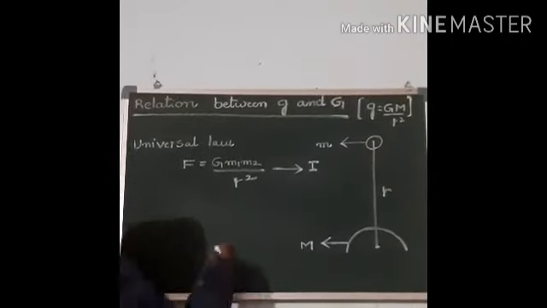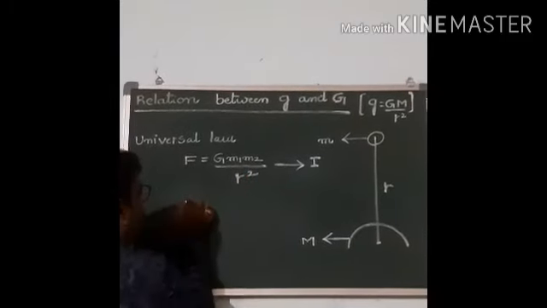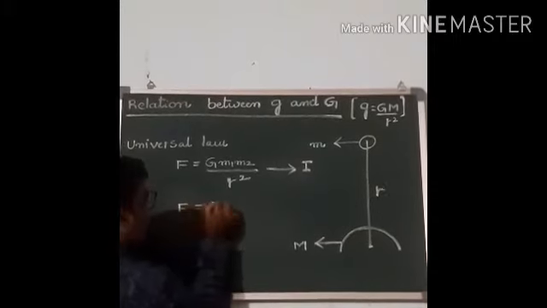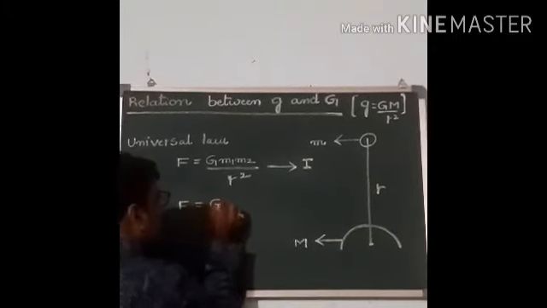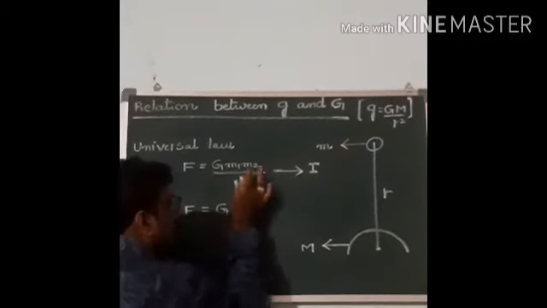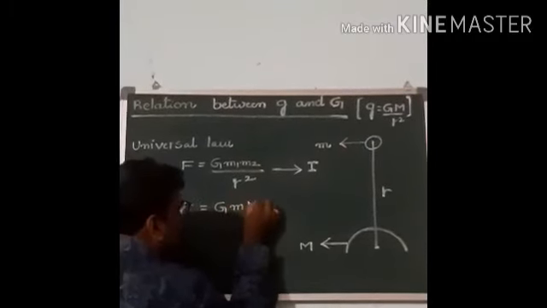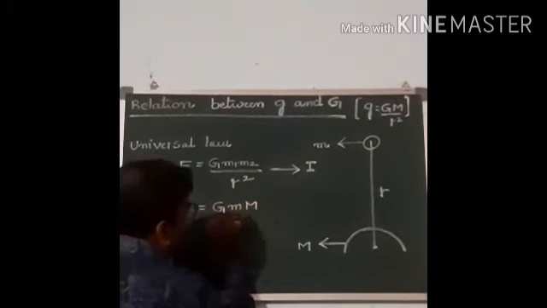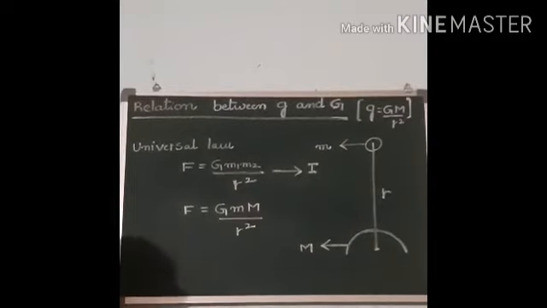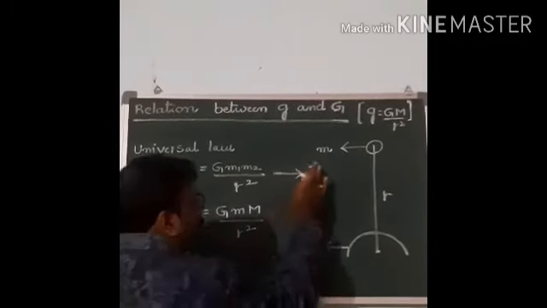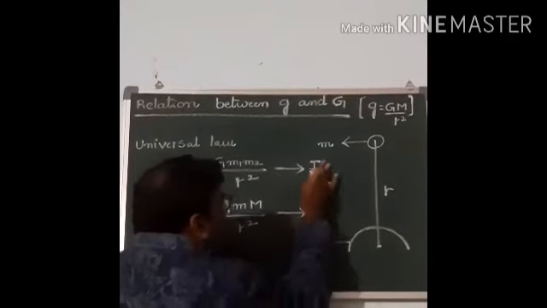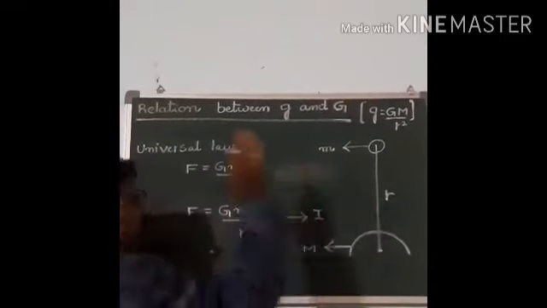Now the equation is modified like this: F equal to G, m1 means let us say small m, m2 means let us say capital M, by r square. This is equation number 1.